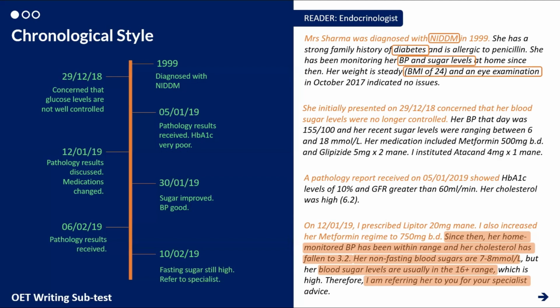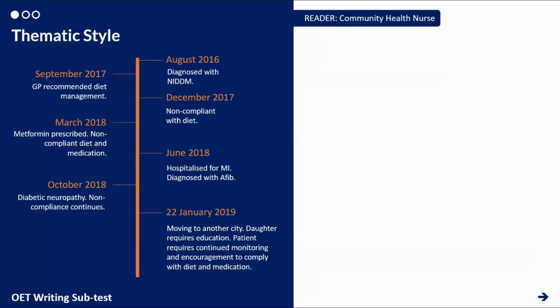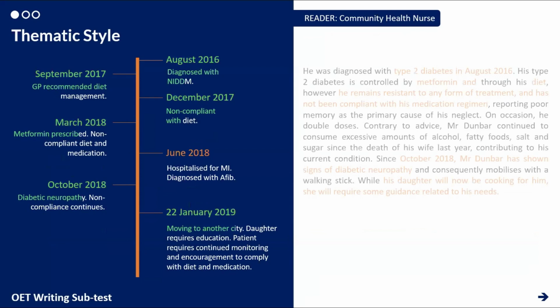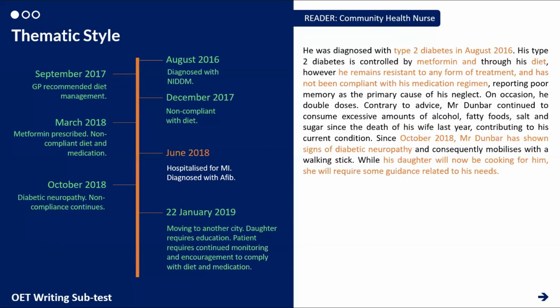In letter number 2, which is the thematic organization, our patient has 3 medical concerns. We've got the diabetes as the main one, the secondary are MI and atrial fib. So we put all of the diabetes timeline in one paragraph.